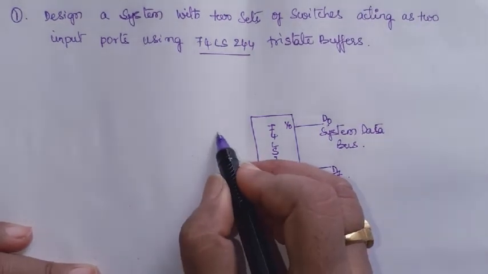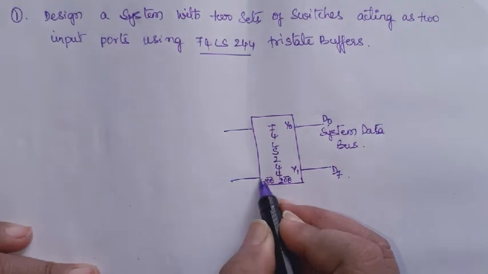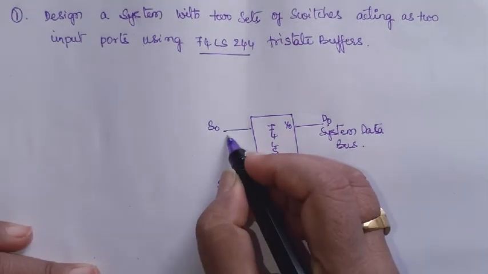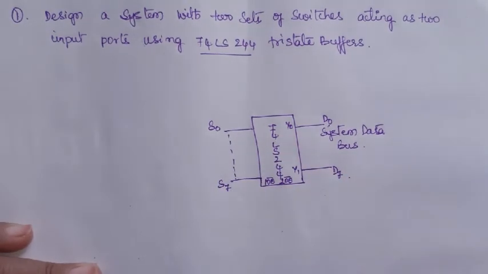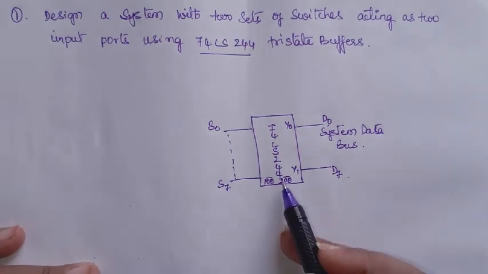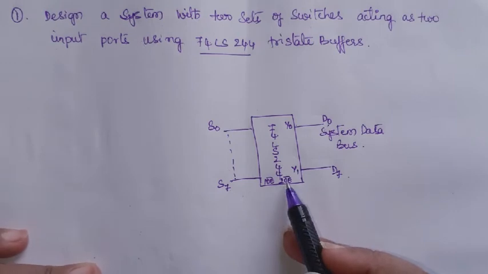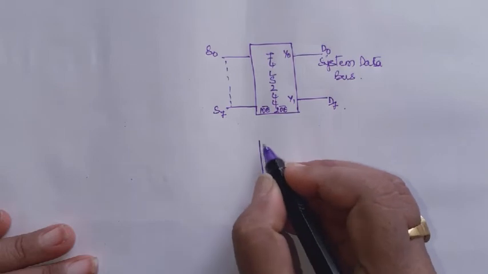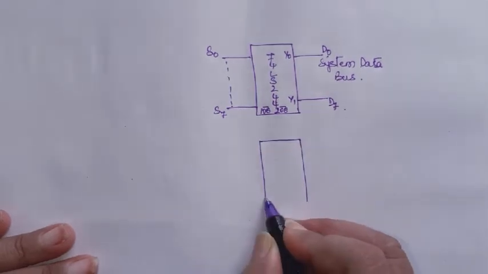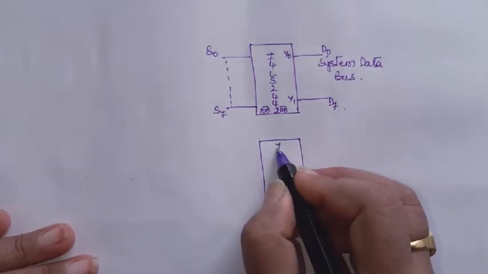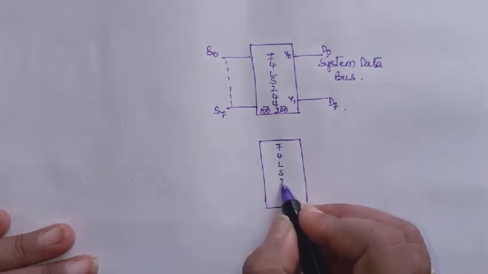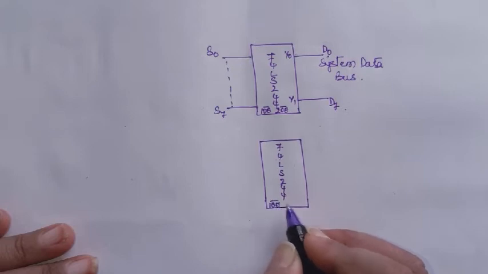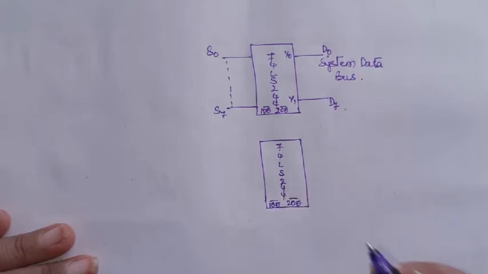The input device is a switch. So let us suppose you have switches from S0 to S7. These are connected at the input. Here two sets are asked, two sets of switches, so you take another tri-state buffer.